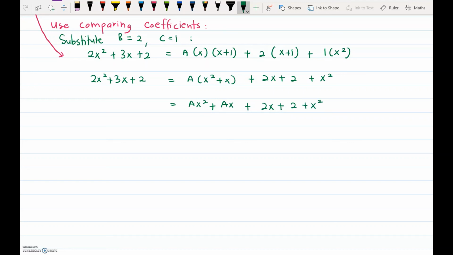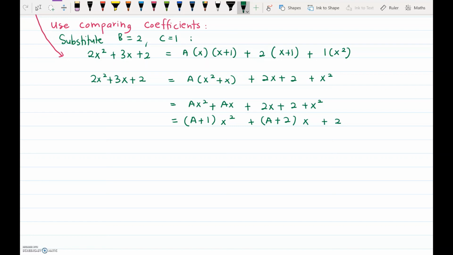Okay, next step is we will collect the coefficient for each term. The first term is for x squared. When you collect for x squared, you will have (a plus 1) x squared, plus (a plus 2) x plus 2.